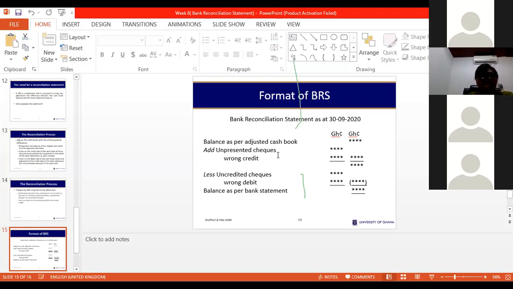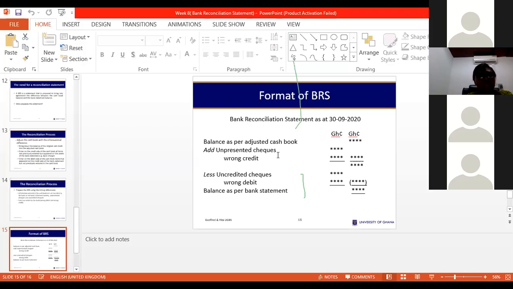Now, uncredited checks are checks that we are holding on to, that we have not sent to the bank. But in our cash book, we have recorded it on the debit side of our bank column. So we have to assume that we have not received it because we haven't sent it to the bank. And remember, we want to agree with the bank balance.